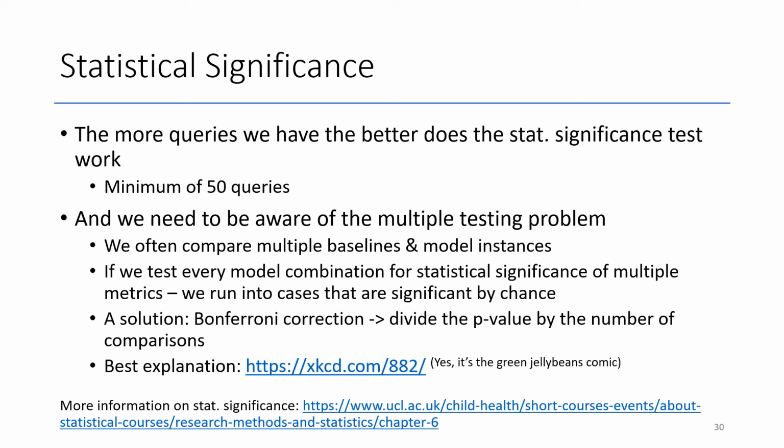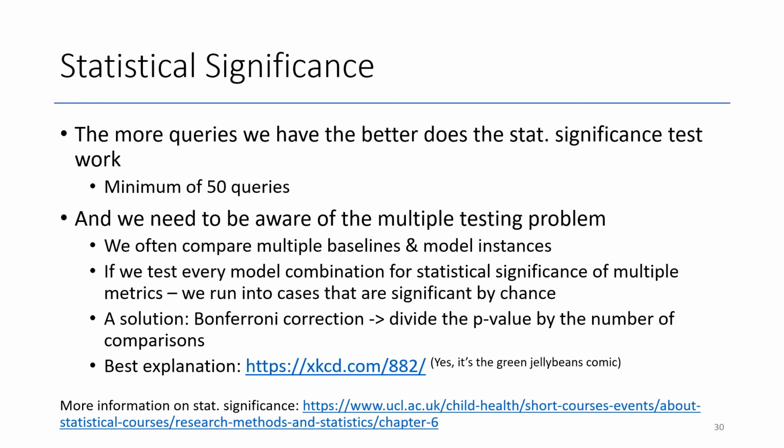Additionally, in information retrieval, we have to be aware of the multiple testing problem. If we publish a new model, we often compare multiple baselines and multiple model instances with each other. But if we test every model combination for statistical significance with multiple metrics, we increase the probability that we run into cases that are just significant by chance.